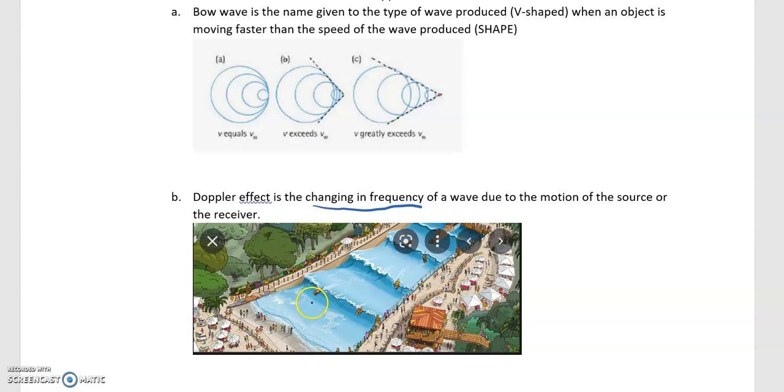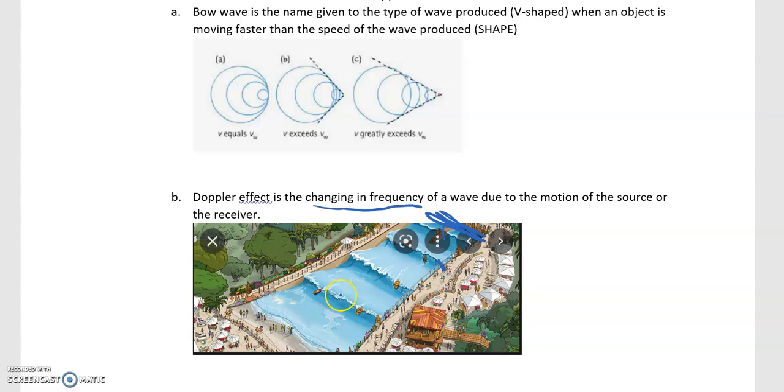So I wanted you to try to visualize that you are in a wave pool. If you've ever been to a wave pool, essentially they have a mechanism down here that generates waves at constant intervals. So the frequency of these waves being generated from the source is consistent.